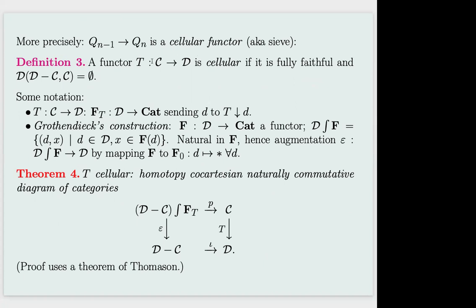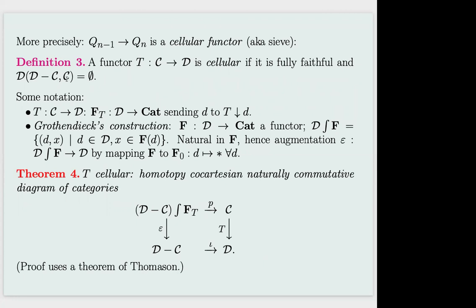So a functor from a category C to a category D is cellular if it is fully faithful first, and then I cannot map an object of D to an object of C unless it is already in C. So there are no morphisms from objects of D minus C to objects of C.